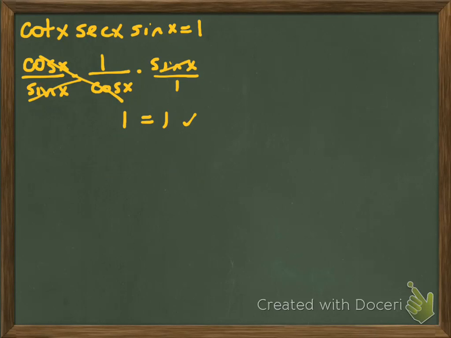Let's pick another one and up the ante a little bit. Let's jump all the way to number 8. Believe it or not, just by taking one more step down the page, this is upping the ante.